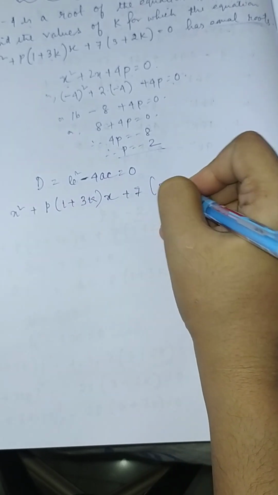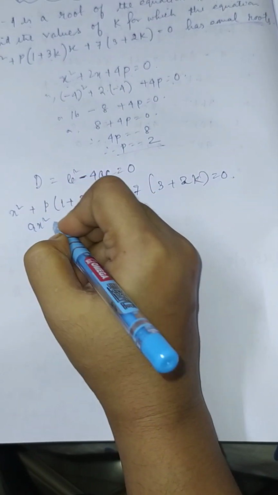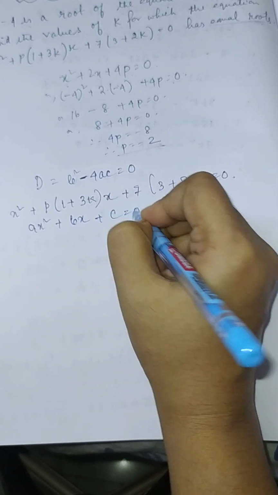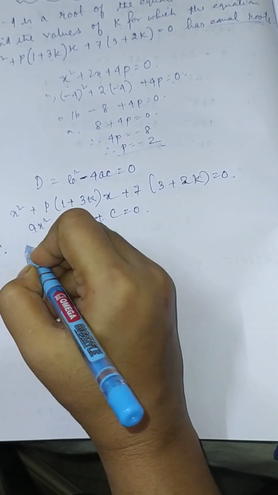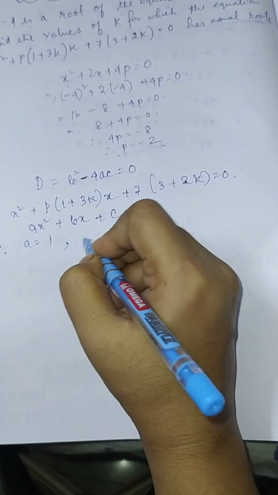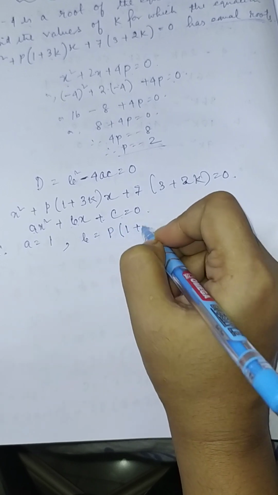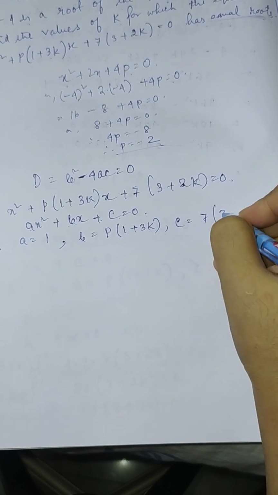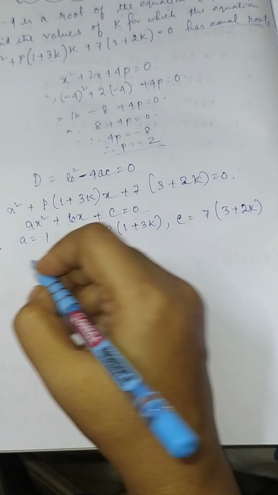First of all, write the equation here. Okay. Now compare it with the well-known quadratic equation format where ax square plus bx plus c equals to 0. Now value of a will be 1 after comparing with it. B will be p(1 plus 3k) and c will be 7(3 plus 2k), right?